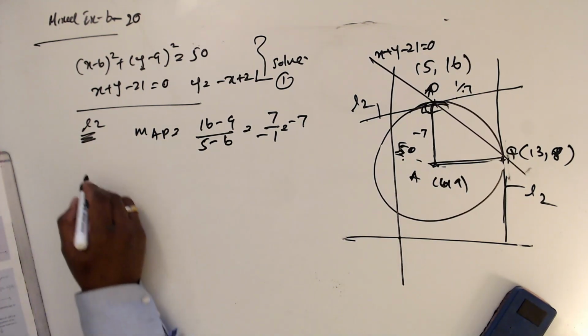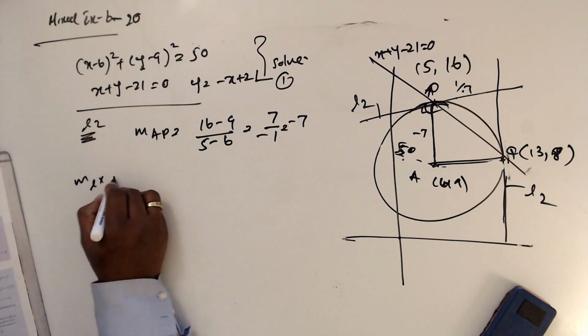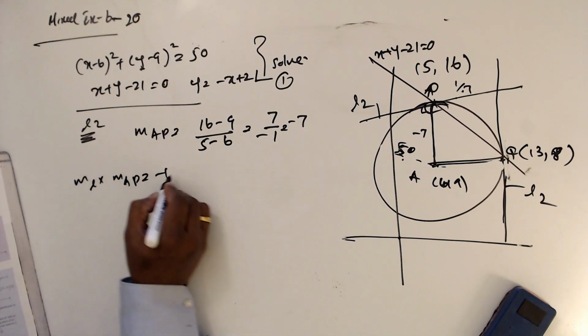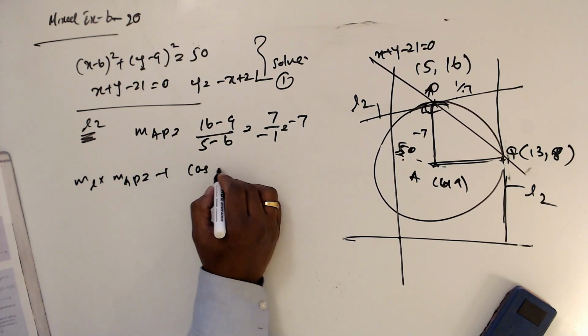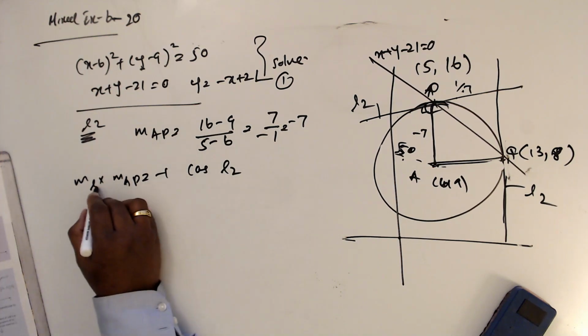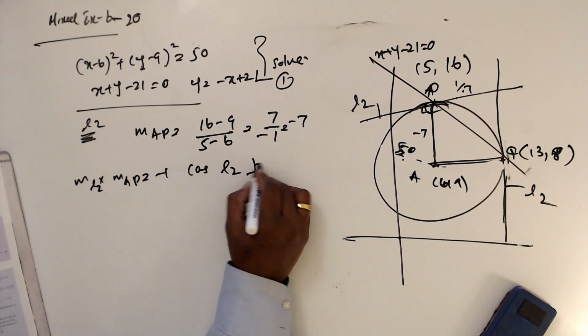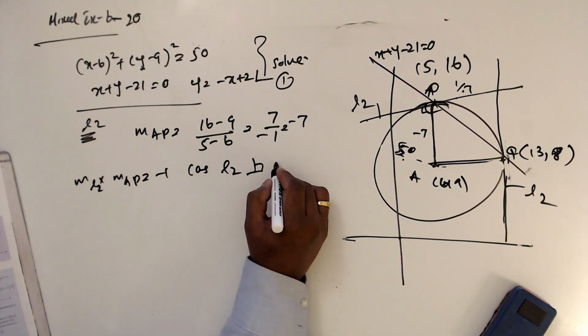We'll show that the gradient of L2 times the gradient of AP equals minus 1, as L2 is perpendicular to AP.